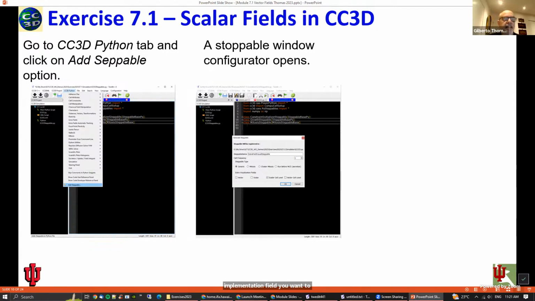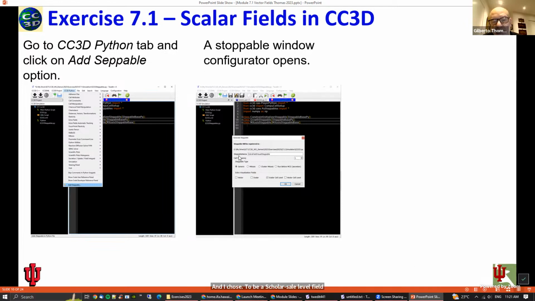Here, I called it extra field visual steppable something. You can name it whatever you want. And I chose it to be a scalar cell level field.